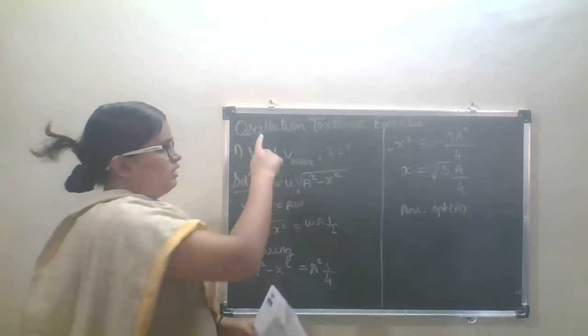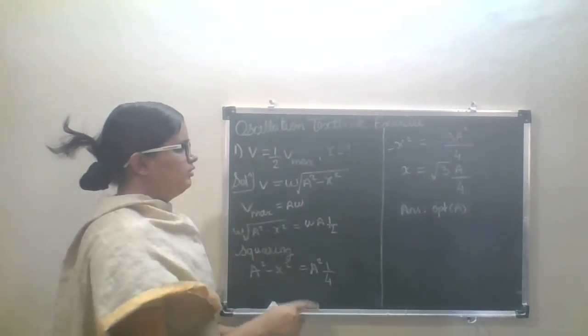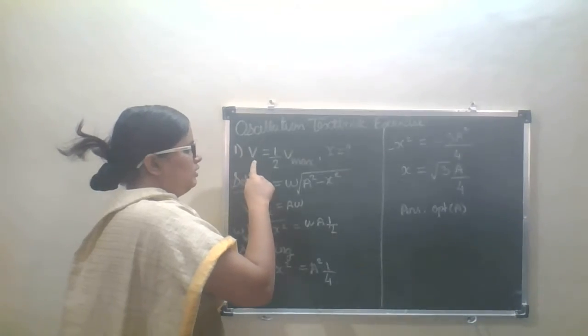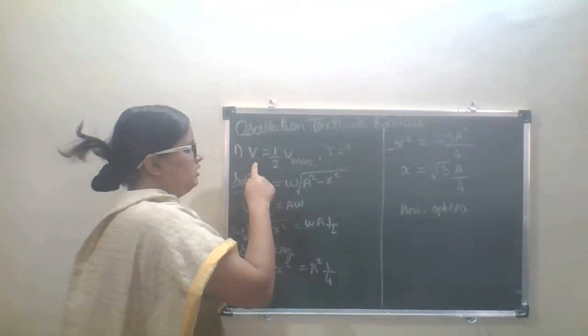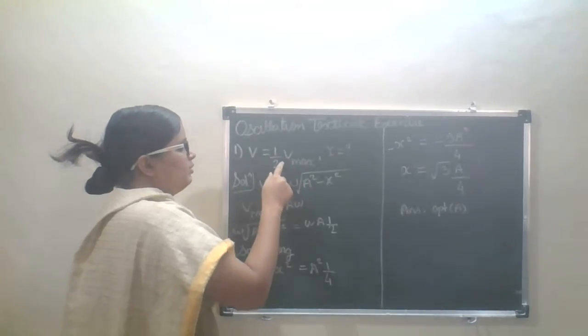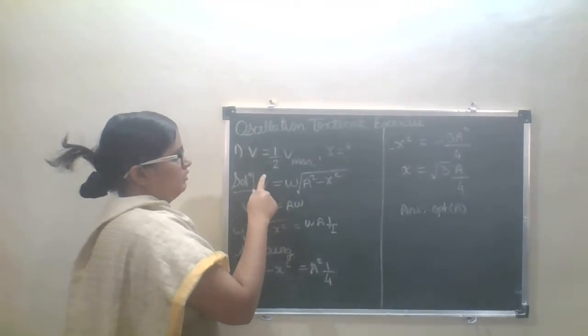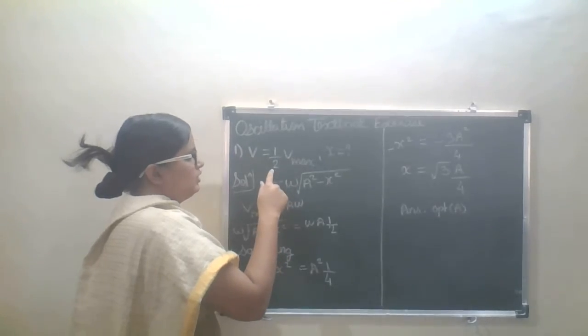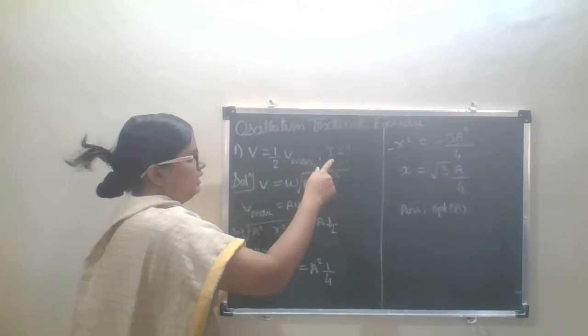So, oscillation textbook exercise. The first MCQ gives the velocity as half of the maximum velocity, or speed, and we have to find x.